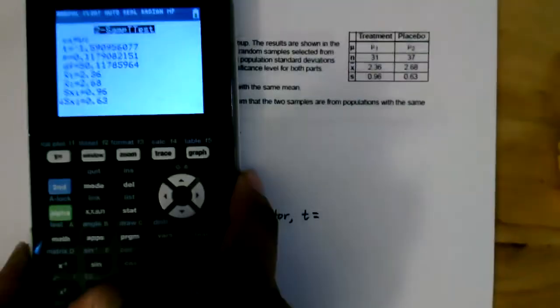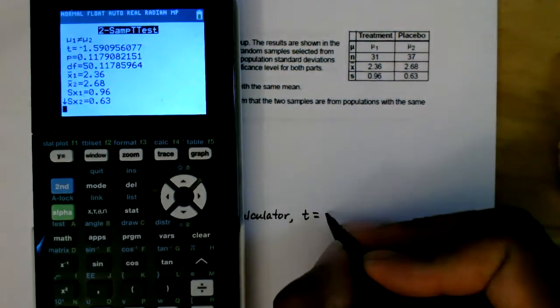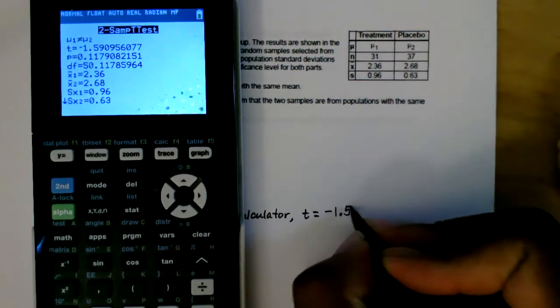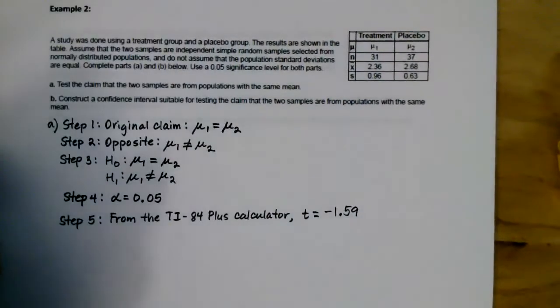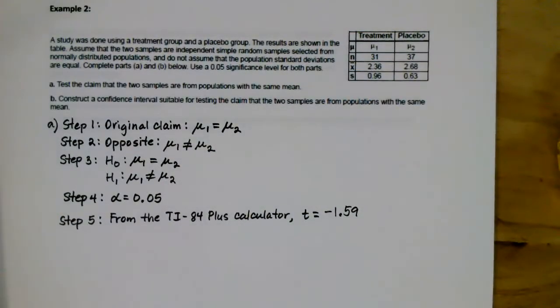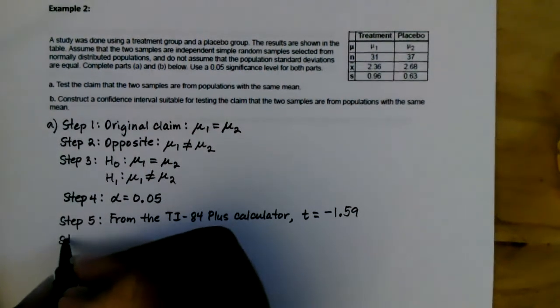All right, so this is your test statistic, which is in this case, negative 1.59, and that would be to 2 decimal places. Negative 1.59. Now, step number 6 is our p-value.